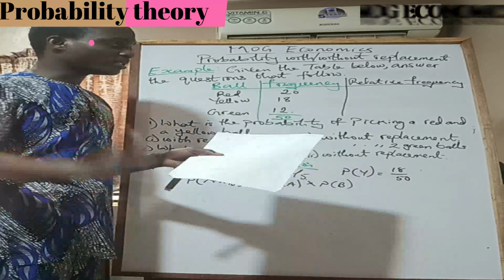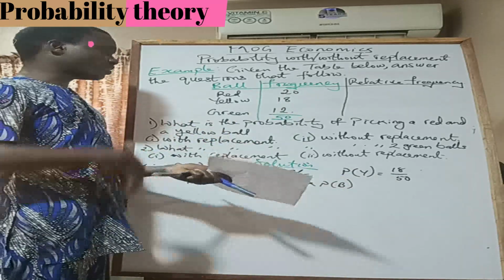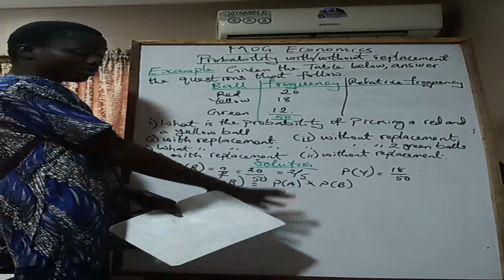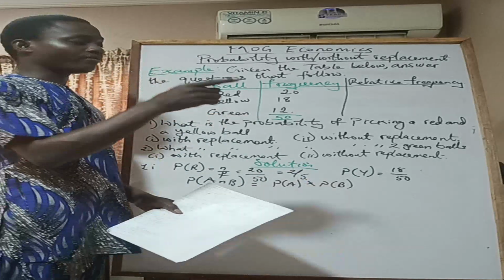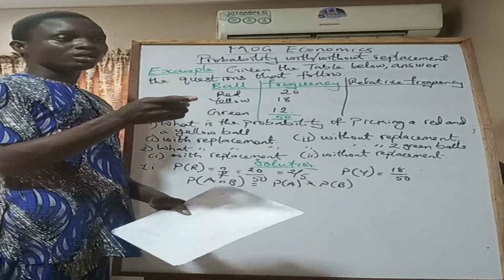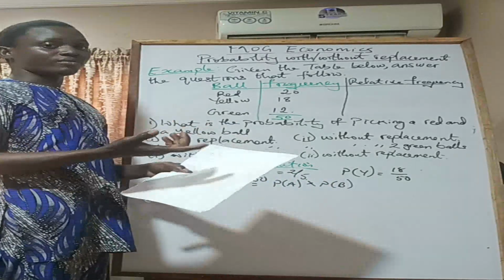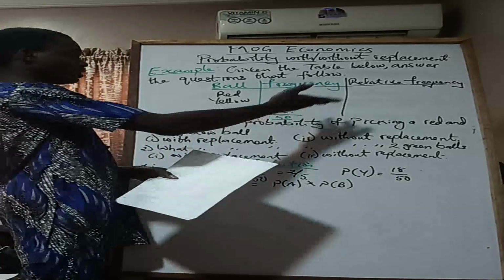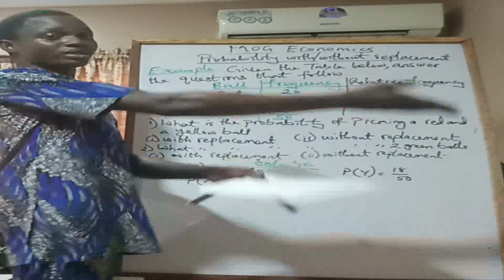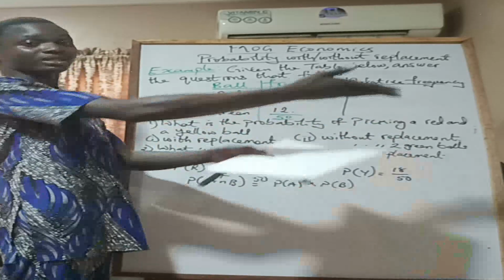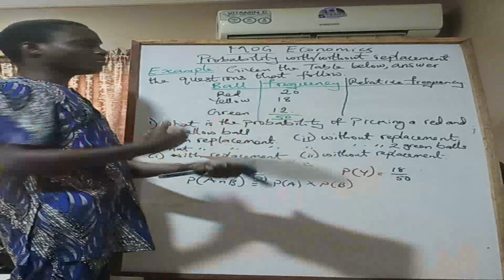That's what an independent event is talking about. There's a mathematical dimension to it, and we'll talk about that when we get to that class. But just note this anyway. The question is going to state whether you're looking at an independent or a dependent event. So here I'm assuming that we have independent events, for example: what is the probability of picking a red ball and a yellow ball, given that both events are independent?